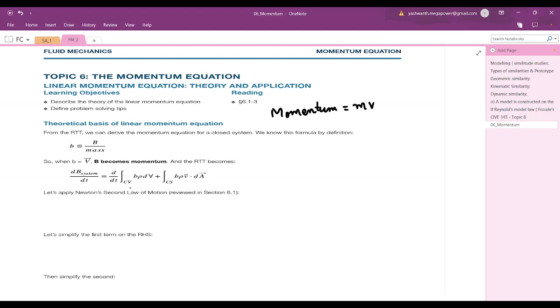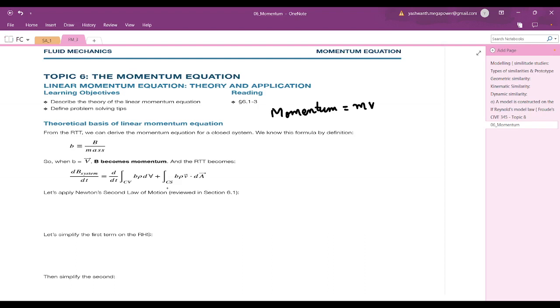Here CV is the control volume, whereas CS is the control surface. Clear?